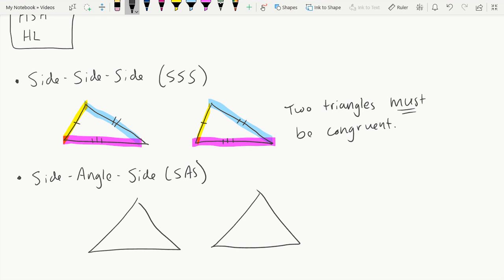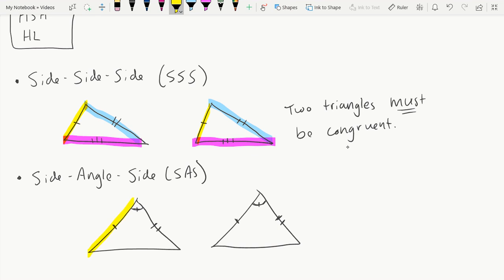There we go. So if I know that any two sides and the angle in between them, so let's mark that. Let's mark two sides. Let's say these two are congruent and the angle in between.